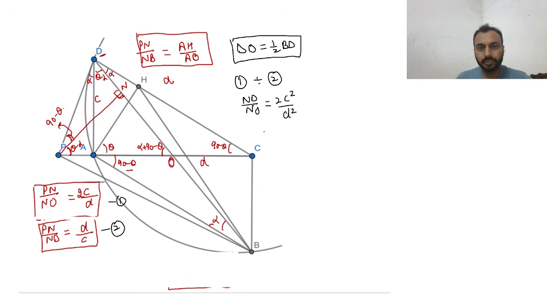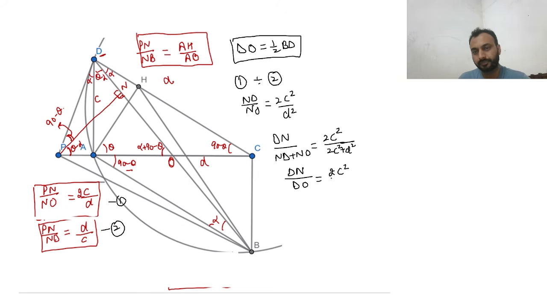Now first we can do one thing: if I use a dividend like Nd plus No, then it becomes 2c square by 2c square plus d square. So that is dn by Nd plus No, which is Do. So Do is half of Bd.